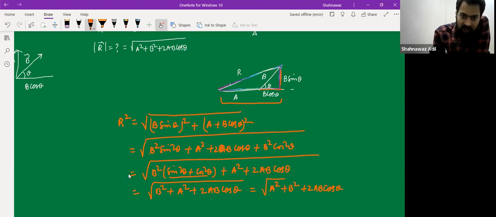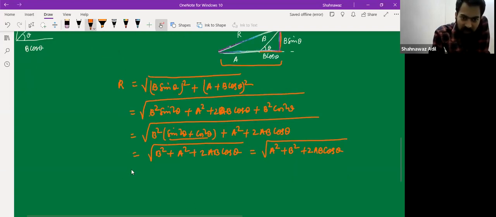So this is the, oh, I have written square here. So this would be only R. So your R magnitude would be how much? Square root of A square plus B square plus 2AB cos theta, right?